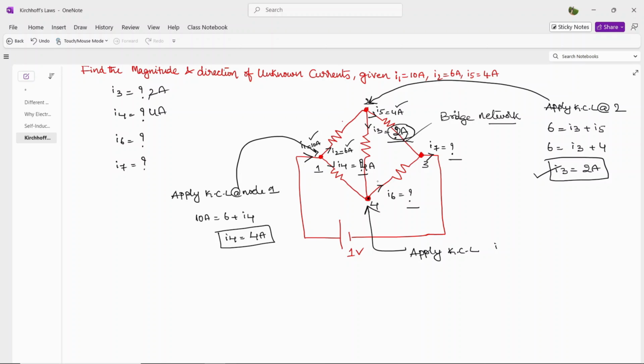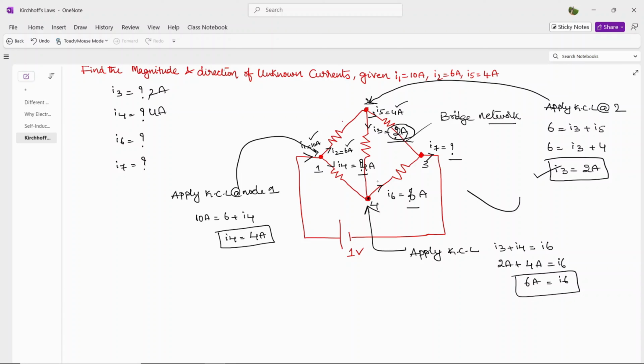So I can write I3 plus I4 is entering and it is leaving as I6. The magnitude of I3 we already found, which is 2 amperes. The magnitude of I4 is 4 amperes, that is equal to I6. So I6 is equal to 2 plus 4, which is nothing but 6 amperes. So here the current is 6 amperes.